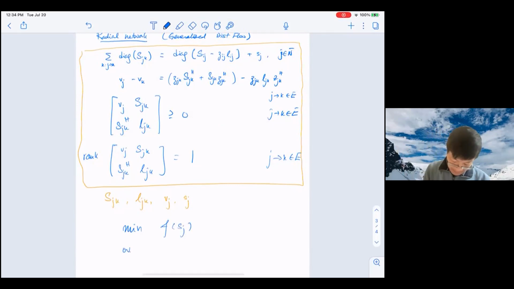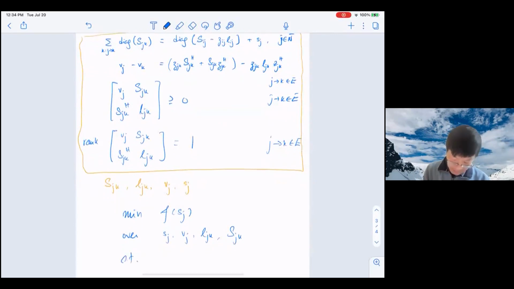And over the set of variables: the three-dimensional injection vectors, the 3x3 voltage magnitude square matrix, the 3x3 current magnitude square matrix, and the 3x3 matrix S_jk.